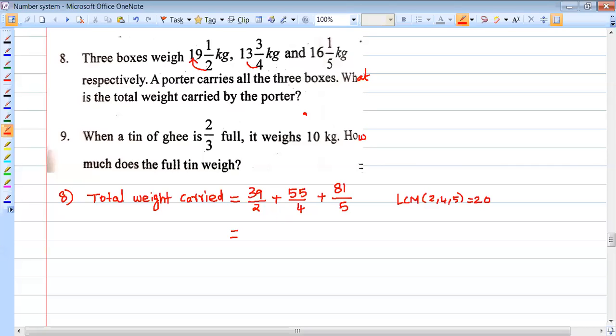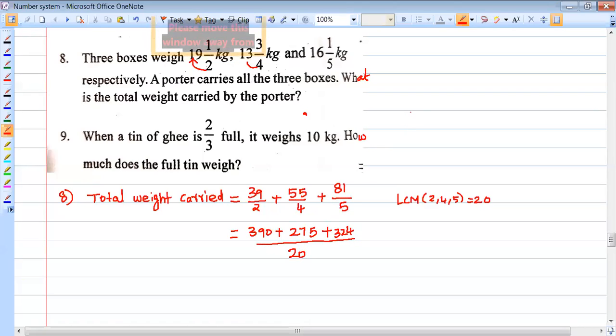Now we multiply 39 with 10, then we get 390. We multiply 55 with 5, then 5 into 55 comes 275. Then 81 into 4 is 324, all divided by 20.